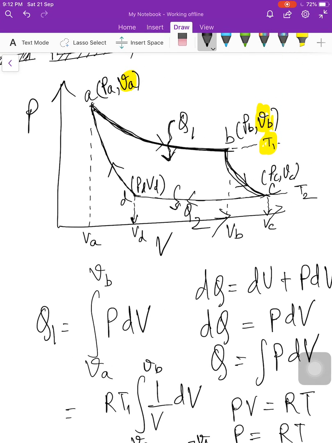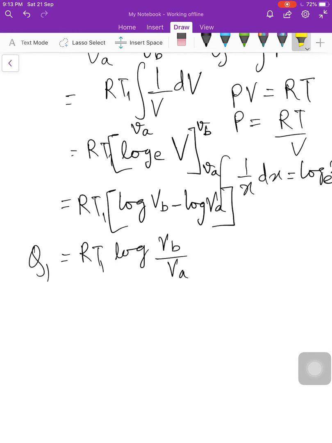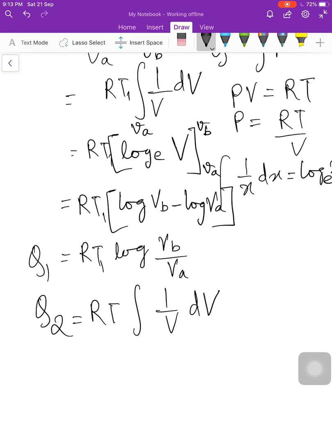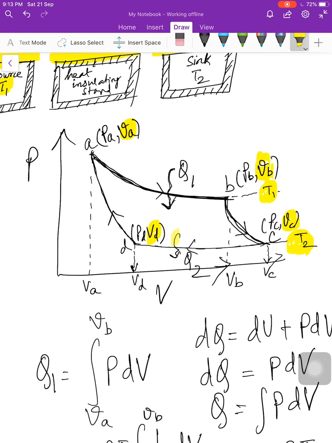Similarly, I can go on to find the expression for Q2. Here the volume is running from VC to VD and the temperature is constant at T2. So let's calculate by similar steps. Q2 is equal to RT2 times the integral of 1 by V dV, with volume running from VC to VD, and of course Q2 is the amount of heat rejected by the working substance.